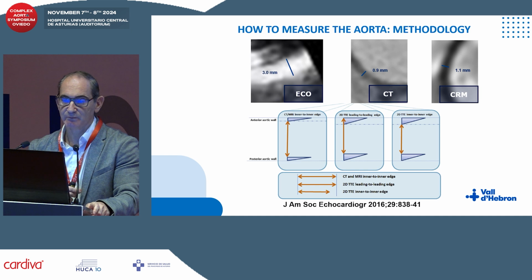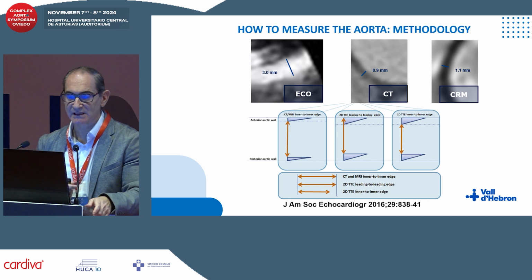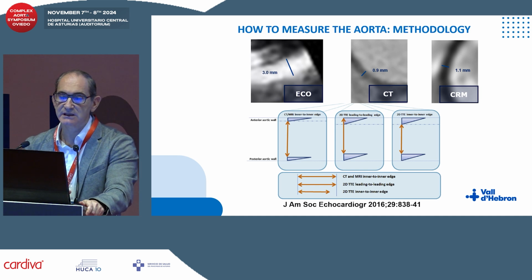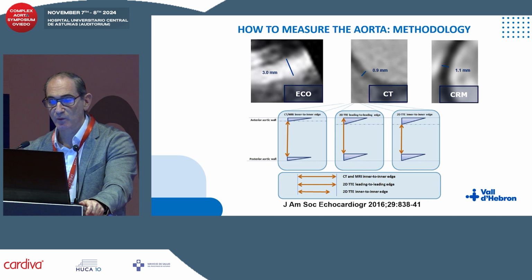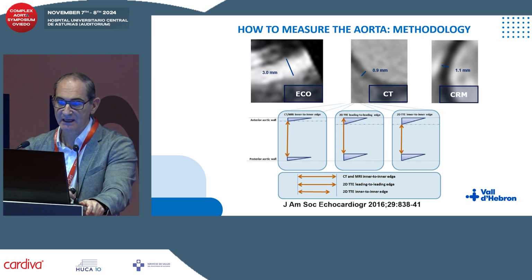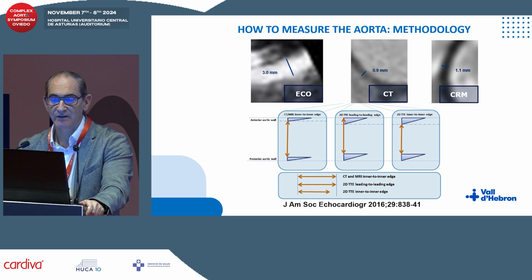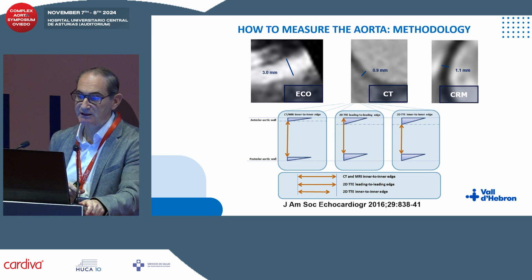In echo, because of the reverberation and also the shadowing, as you can see here, the aortic wall thickness is much higher compared to CMR and CT. That's why, when comparing MR, CT, and echo, it is preferred to use the inner to inner convention in CMR or CT, and the leading edge to leading edge in echo when we are evaluating the ascending or the proximal descending thoracic aorta.